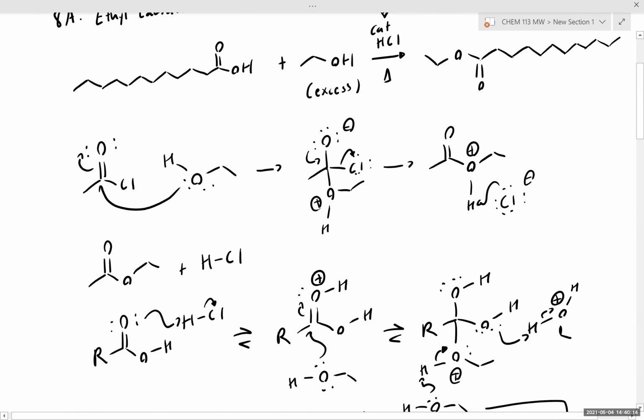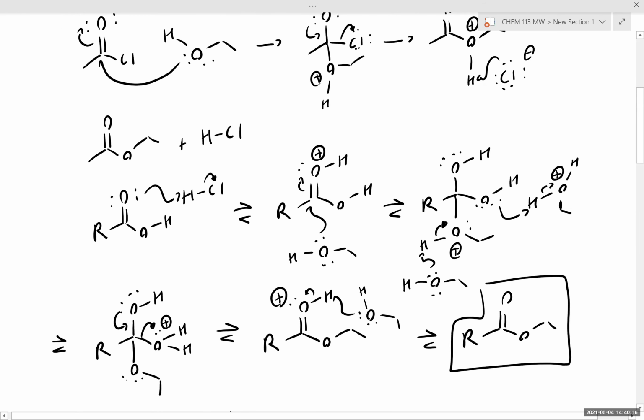Once we've generated our hydrochloric acid, we're now looking at a textbook Fischer esterification mechanism where our carboxylic acid is protonated, the activated carbonyl carbon is attacked by ethanol, the tetrahedral intermediate is then prepared to kick out water via deprotonation and a proton transfer to activate this hydroxyl group as a leaving group.